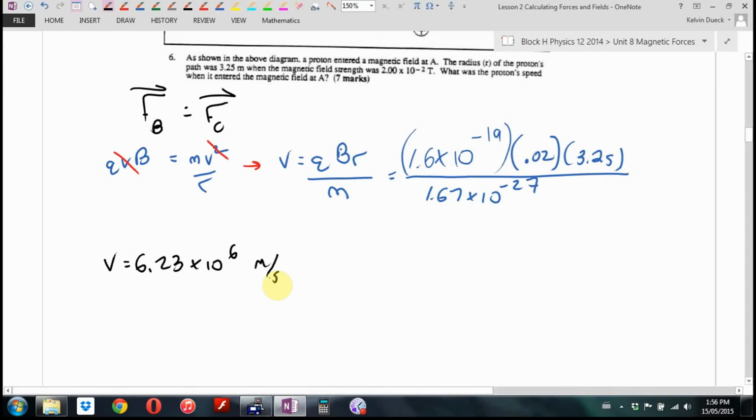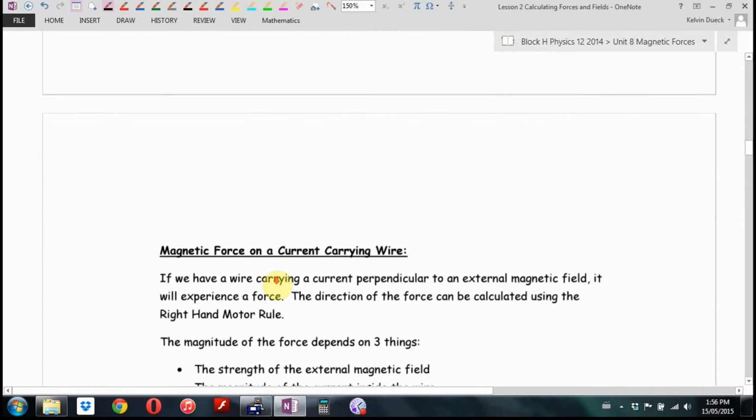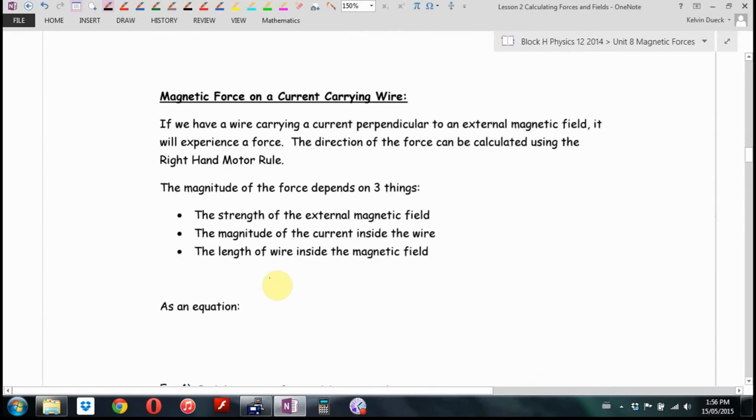Turn the page. All right, that's for a single charge. What if you keep the charges, Noah, inside a wire? Because really all a current carrying wire is a bunch of charges marching in step together. How big's the force then? And you can actually come up with the equation from the one we just used.